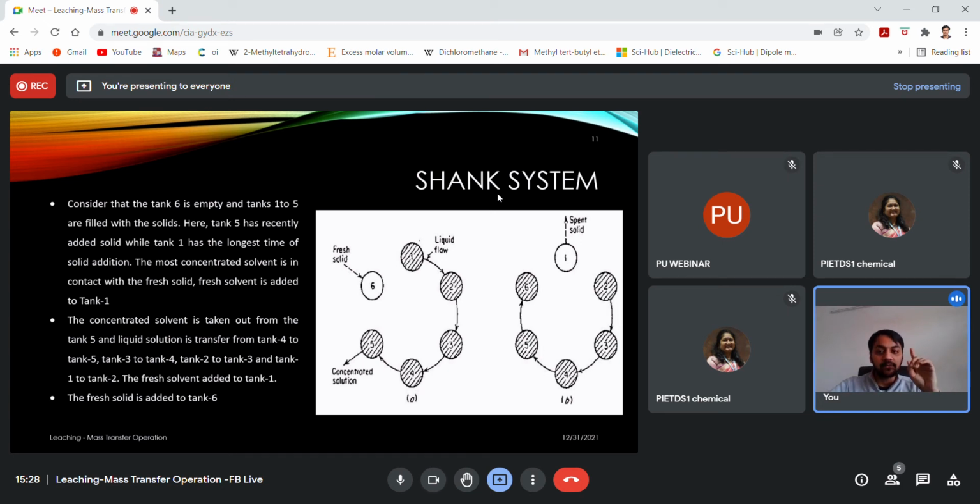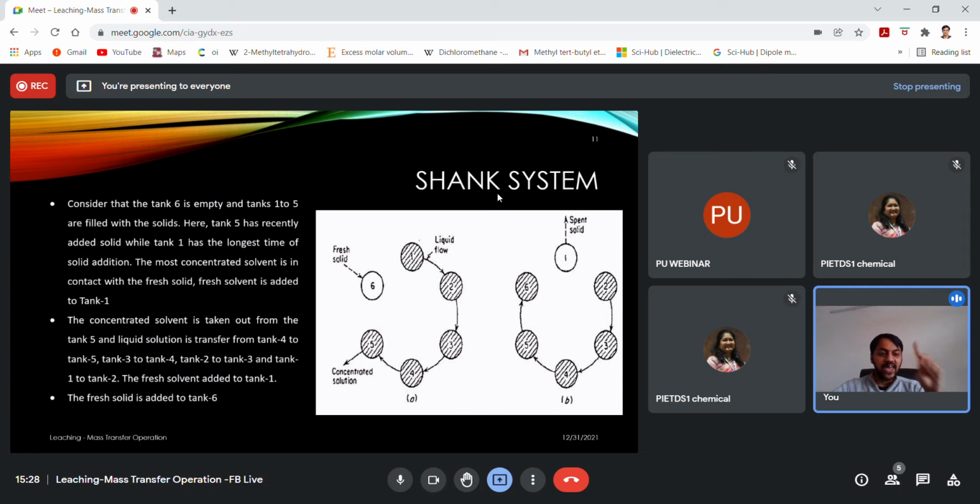So what happens? At that point when tank 6 is empty, tank 1 has the longest contact time with the solid, because fresh solid is added in tank 5. So tank 1 has had the highest leaching operation performed, right? And the most concentrated solvent is in tank 5, right?